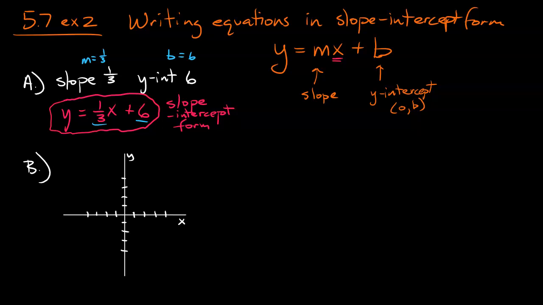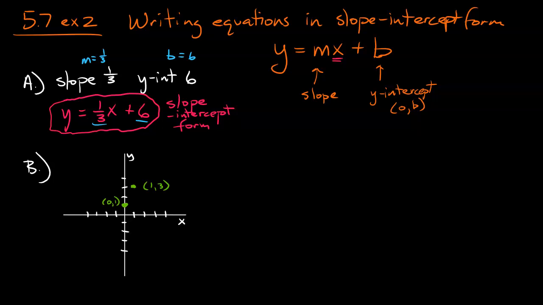We've got one at 0, 1. Let me use another color here. And at the point 1, 3. So basically, here's a line.